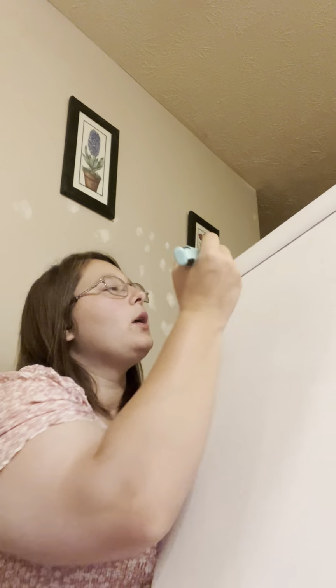All right, so who can tell me what our 3 represents? Yes, the 3 tells us that we have 3 groups. Now, what does the 4 represent? That's right.